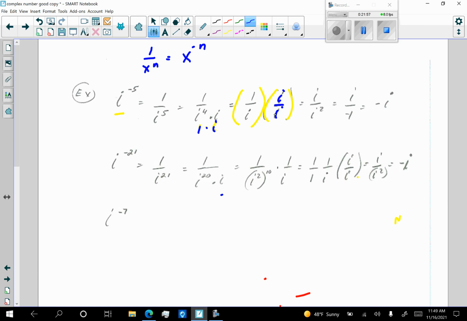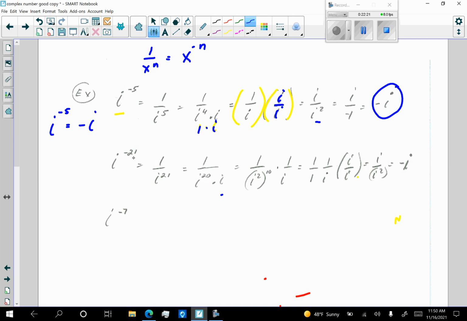And what's I times I? I squared. What's 1 times I? I. What's I squared? Negative 1. So what is I divided by negative 1? Negative I. That tells me that I to the negative 5 is equal to negative I.